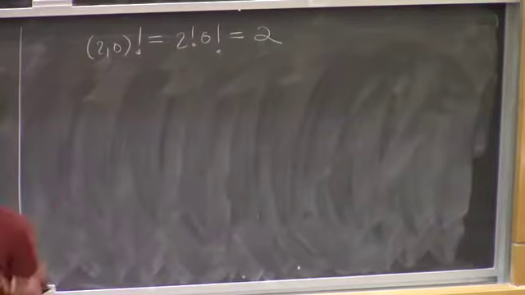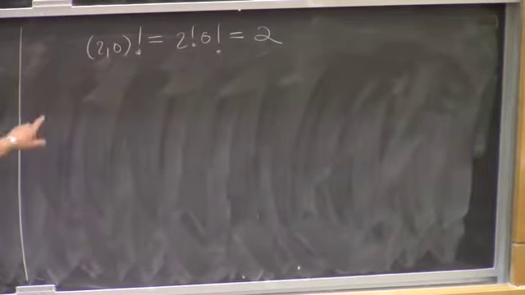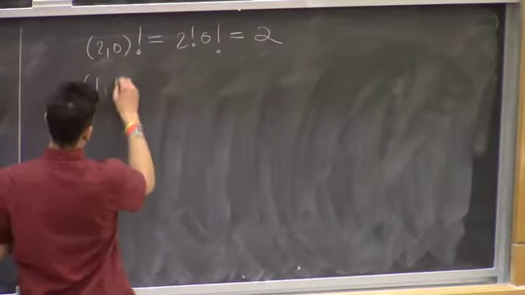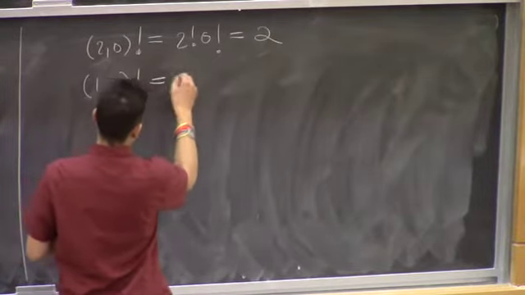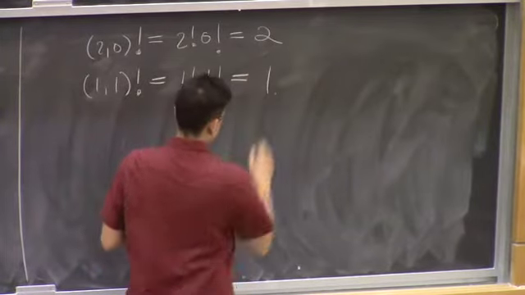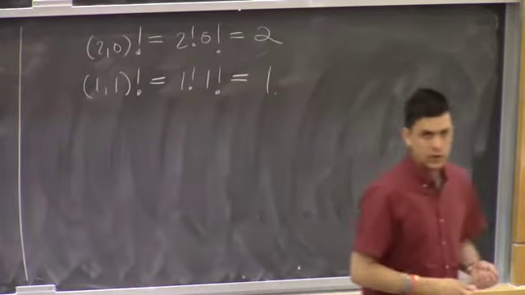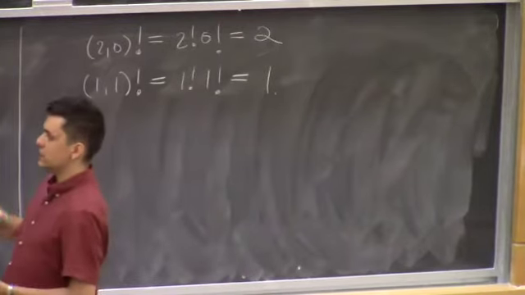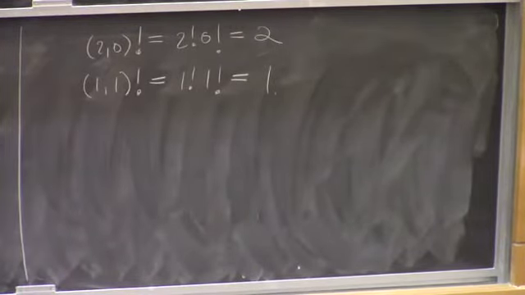In our second order Taylor approximation, we had (2, 0) factorial, which is 2. Just one. Okay. Very good. So this is our statement in full generality of Taylor's theorem. So this works in any dimension.